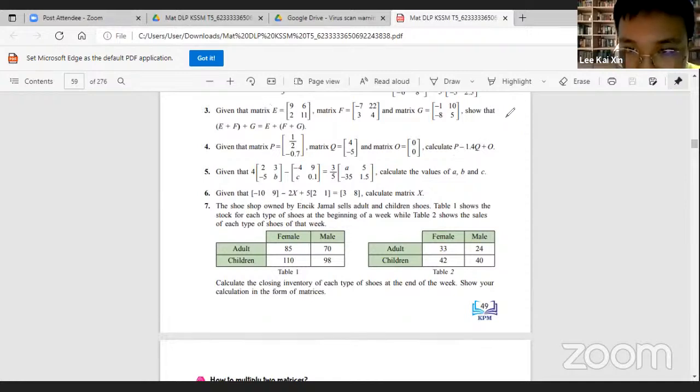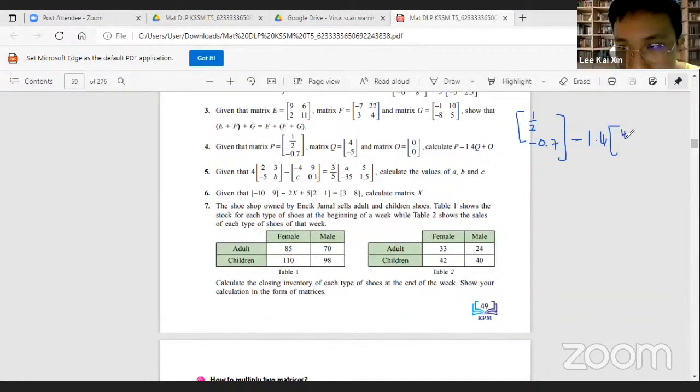P minus 1.4 Q plus O. They ask us to calculate P, 1/2, negative 0.7, minus 1.4 Q, Q is 4, negative 5, and then O, which is 0, 0, 0, and 0.